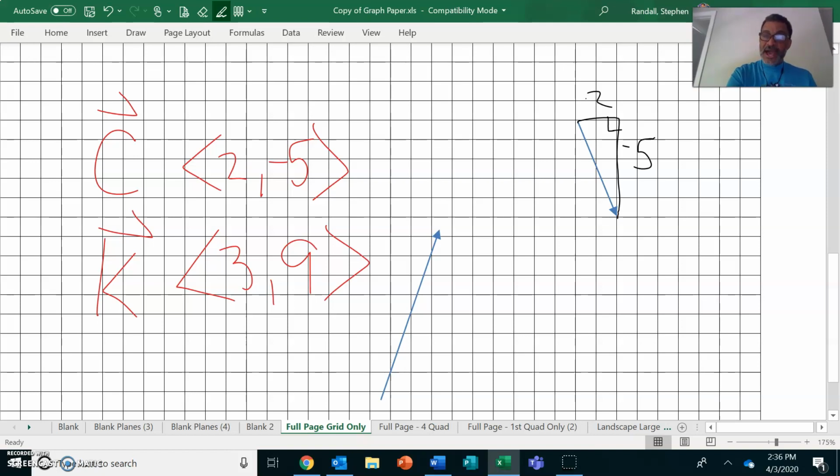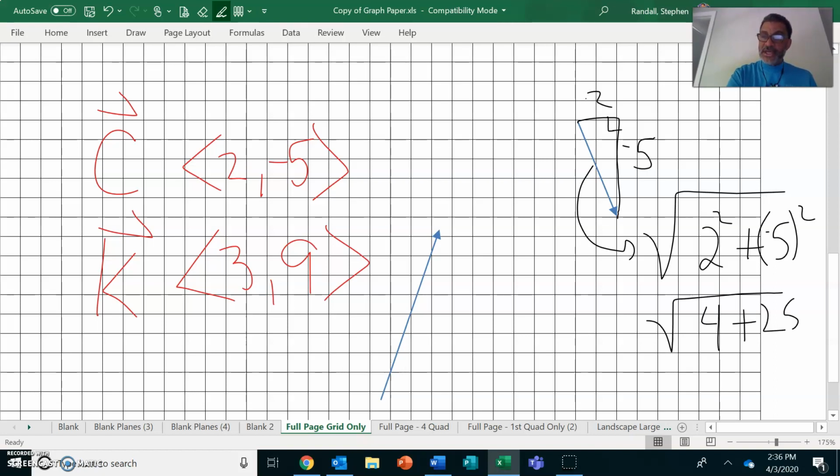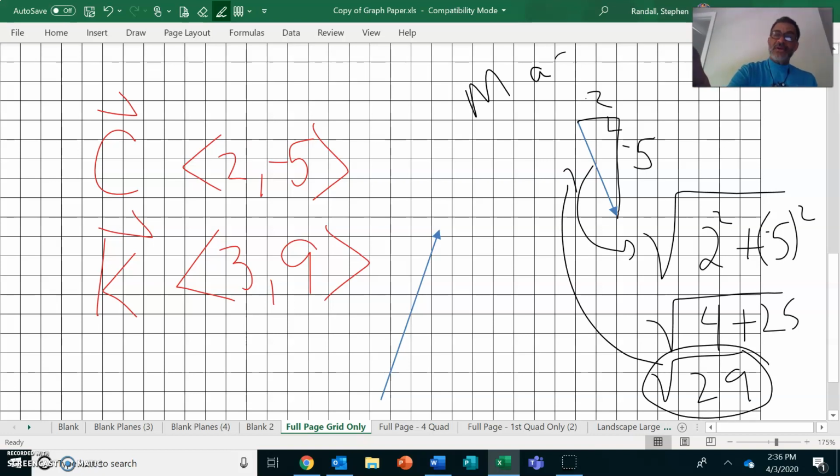So the hypotenuse of the right triangle is the square root of 2 squared plus negative 5 squared, which is the square root of 4 plus 25, which is the square root of 29. So that's how we find the magnitude of a vector in component form.